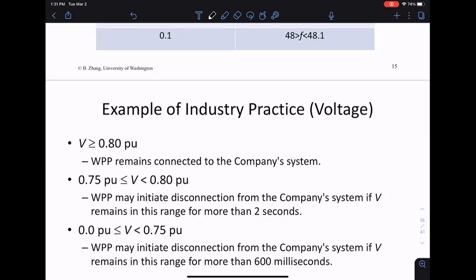Think of the type 4 turbine. Would a type 4 turbine care what the system frequency is? What frequency are we operating at? Think back to the circuit for type 4.